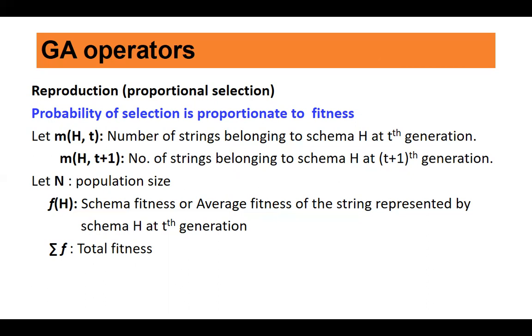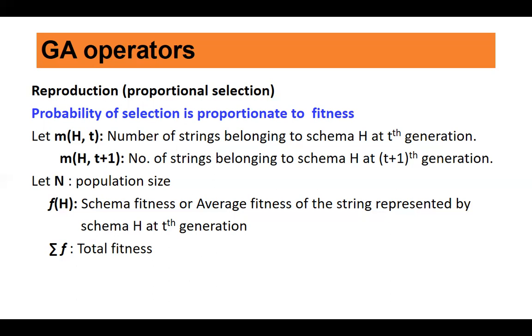Now, N is the population size, that is how many strings there are in the particular population. And now let's define f(H), which is nothing but the fitness of schema H. It is the average fitness of the strings represented by schema H at the t-th iteration. Now suppose that 5 strings follow a particular template, as we saw in the previous slide, like schema H1 was followed by all 5 strings of the population.